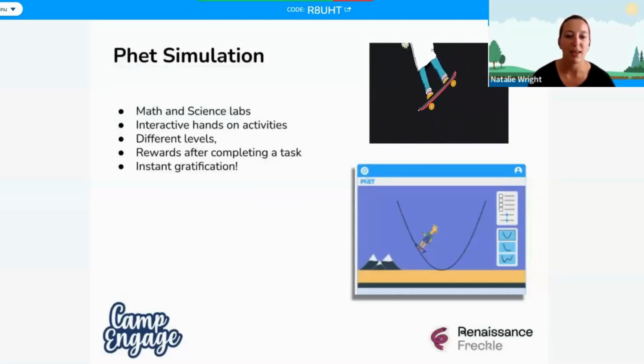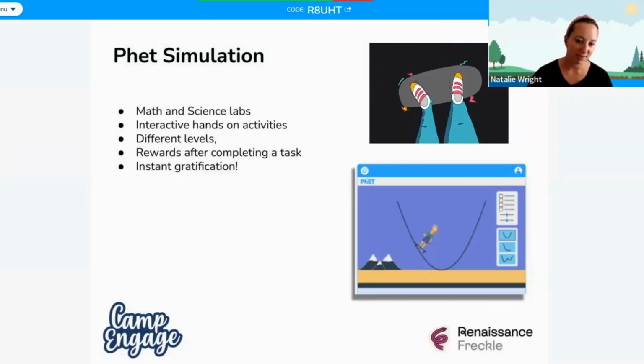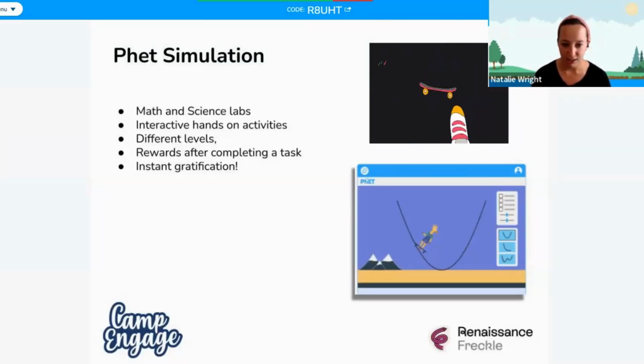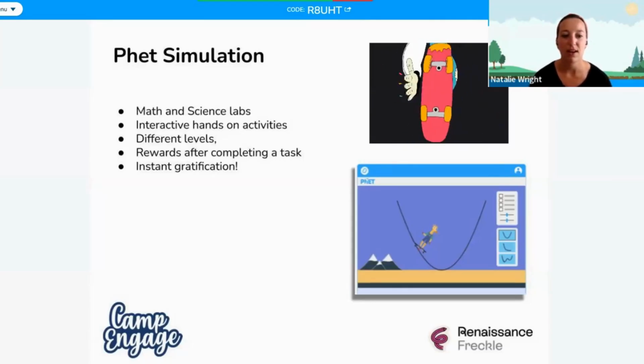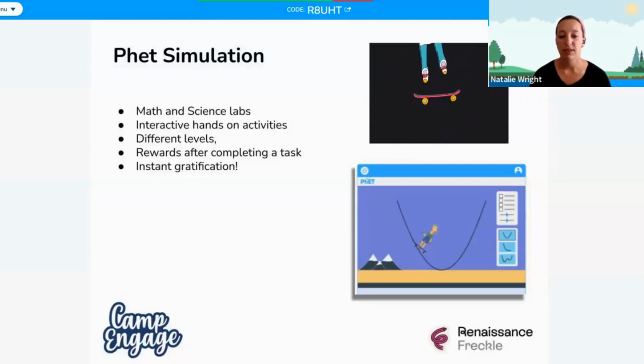Okay, so they are interactive. They're hands-on activities. So just like you see with our skateboarder, you're talking about like our physics teacher, friction. Let's actually see it in action as we play around with those numbers. We have different levels for our math. And there are rewards for completing a task. It's just satisfying.